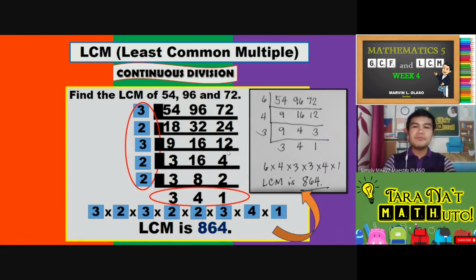Now, this is another solution, no? What if, sir, iba yung mga numbers na naisip ko para i-divide? So, this is an example, 54, 96, and 72. Yan, we have different factors. Still, we have the same answer or the same LCM. So, pause it now if you want to see the solution.